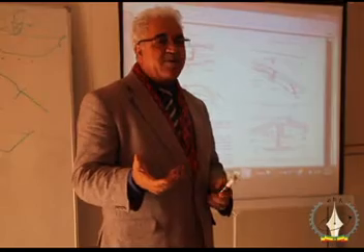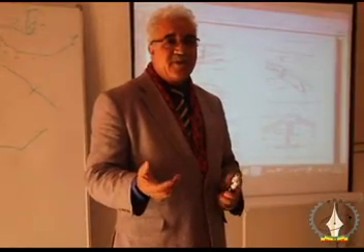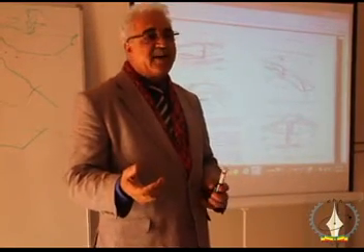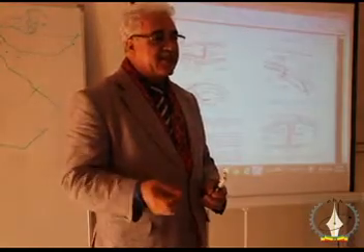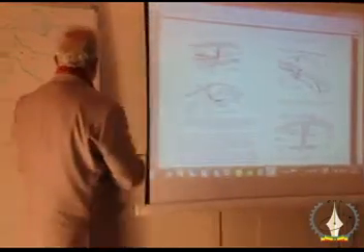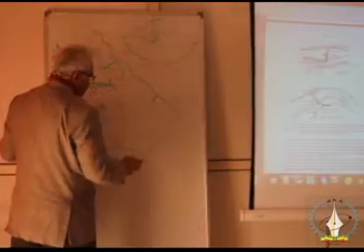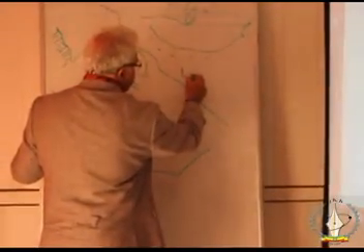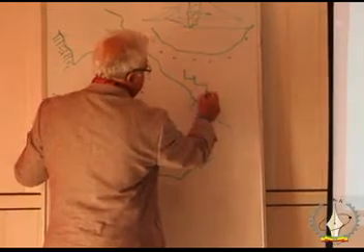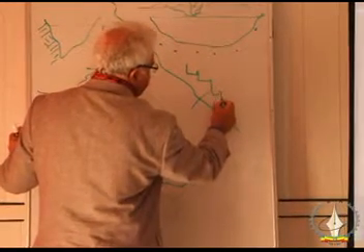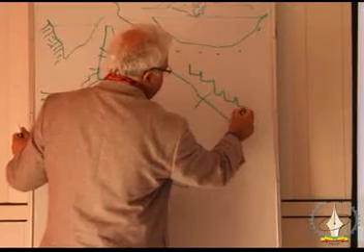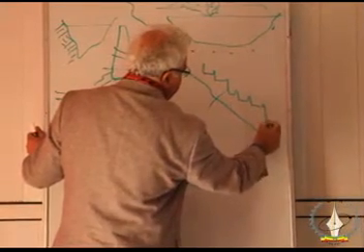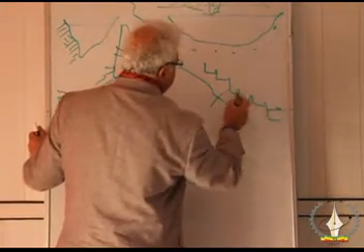But also, from an environmental point of view, you have to include a fish ladder. That means that there are little steps and a small amount of water is flowing here.